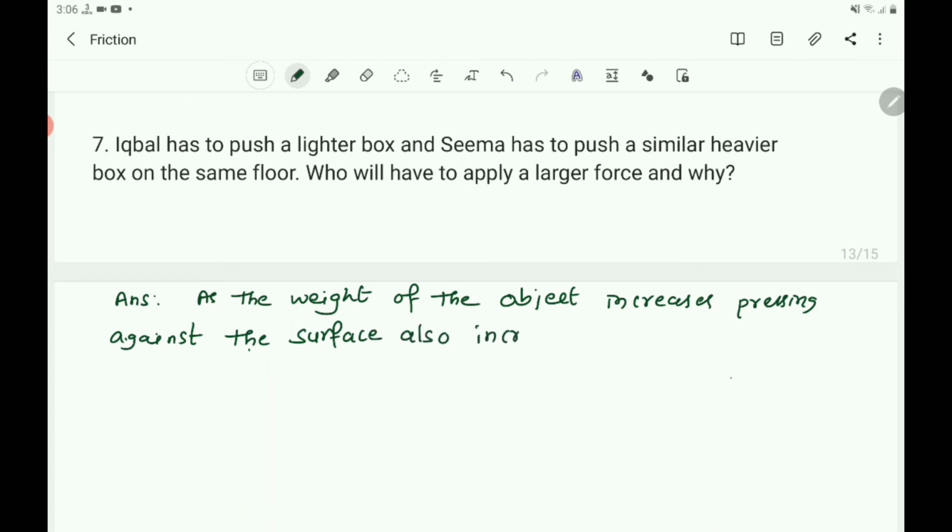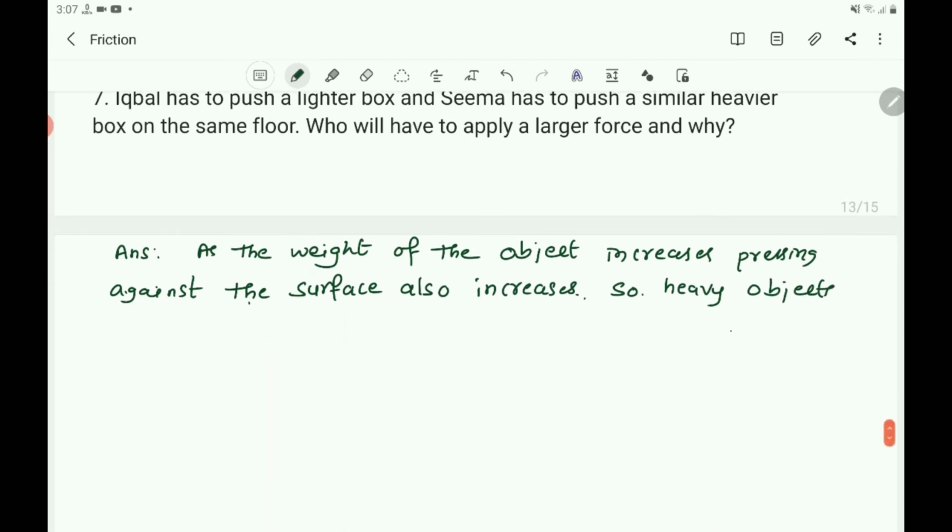So heavier objects produce more friction.